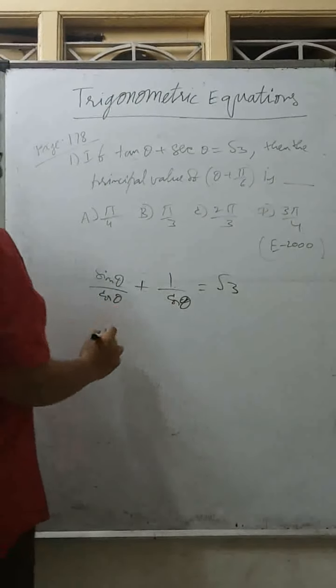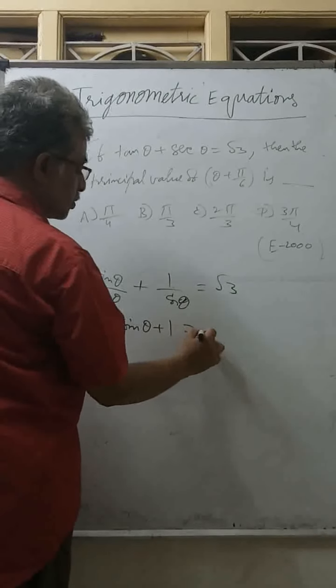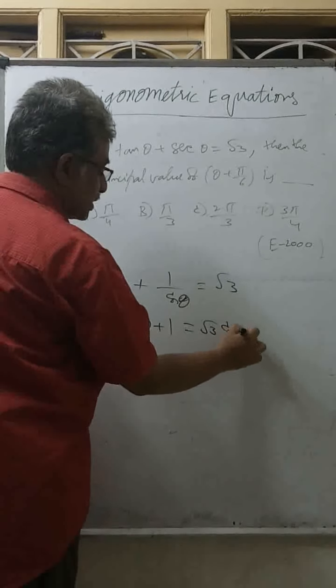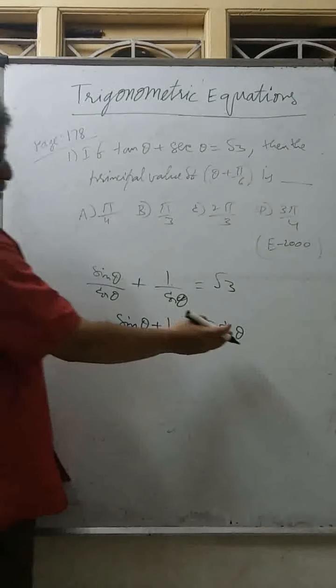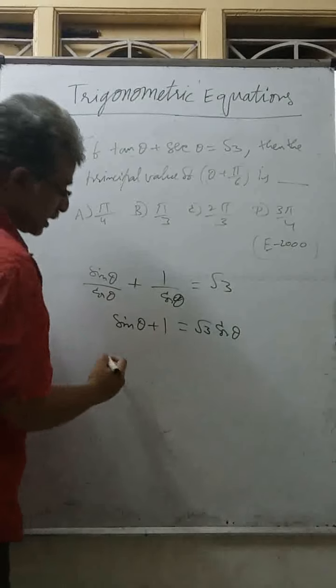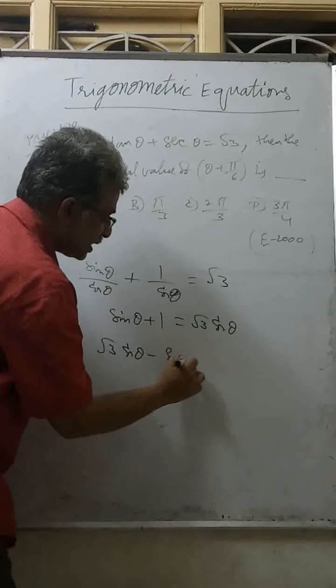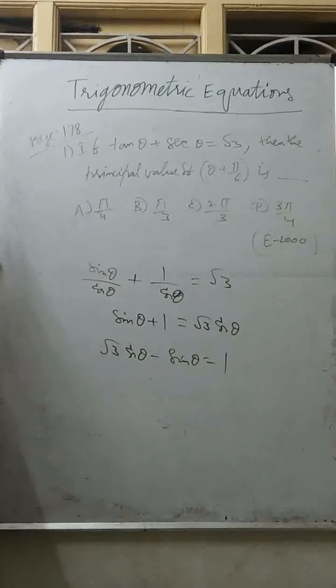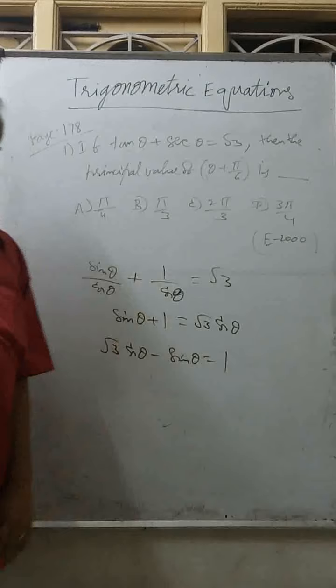If I take LCM as cos theta, then this becomes sin theta plus 1 equal to root 3 cos theta. Now bringing sin theta to this side becomes root 3 cos theta minus sin theta equal to 1.